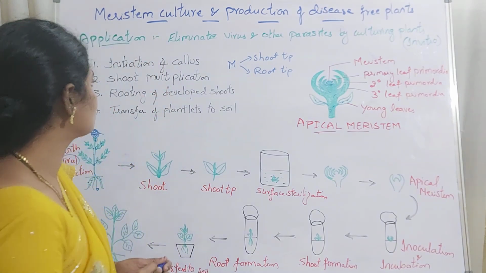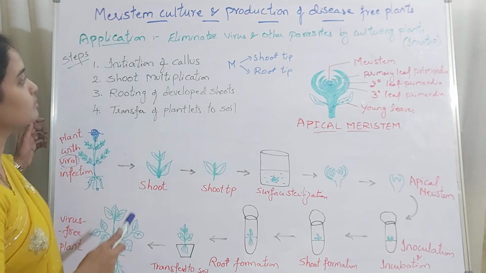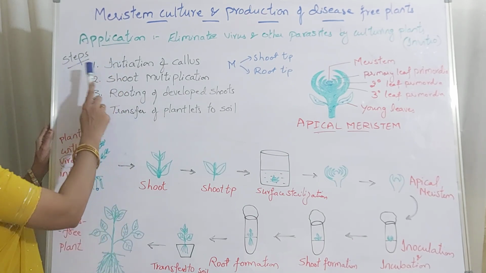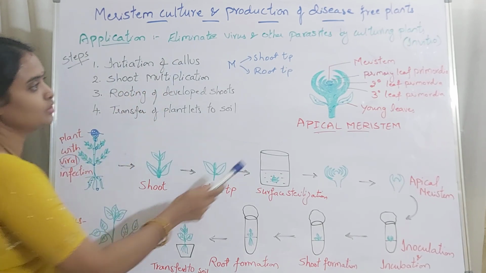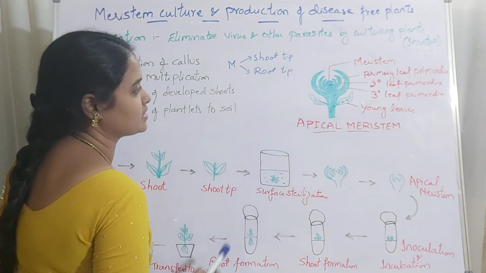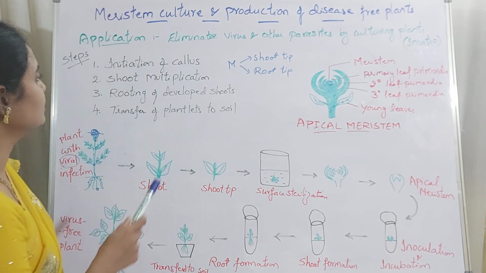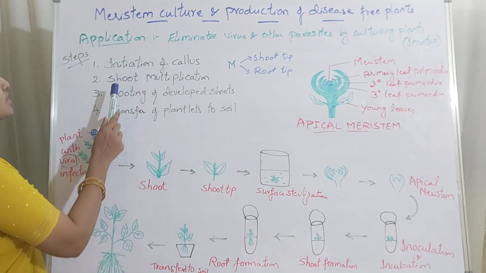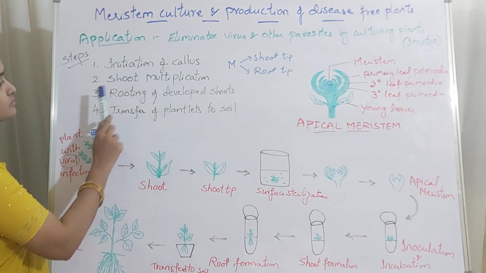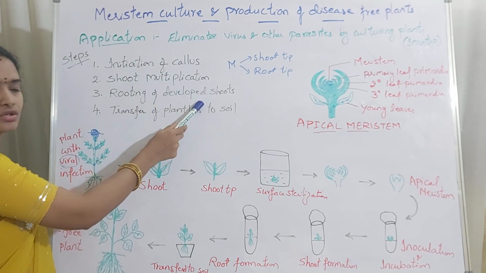Okay, so let us go into the procedure. The steps involved in meristem culture are initiation of culture, callus. That means when you introduce this apical meristem, either you produce the callus or you directly go for the shoot formation. Okay, the second one is shoot multiplication, then root development after the shoot is developed.